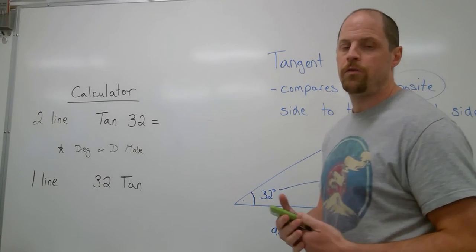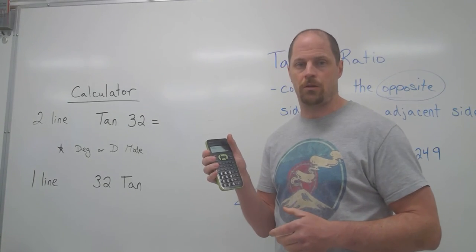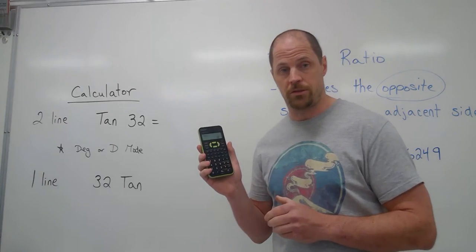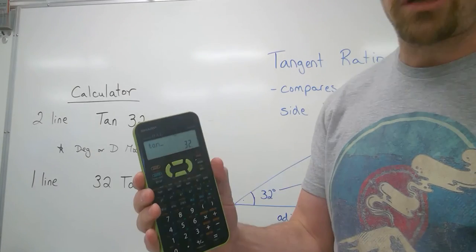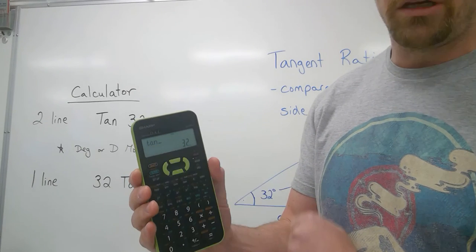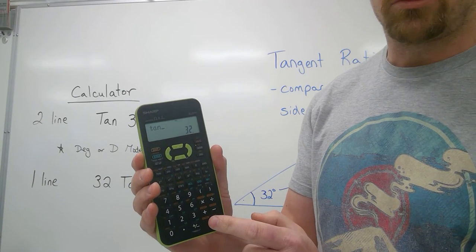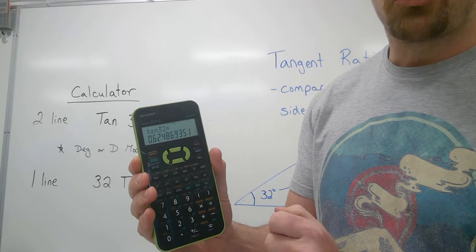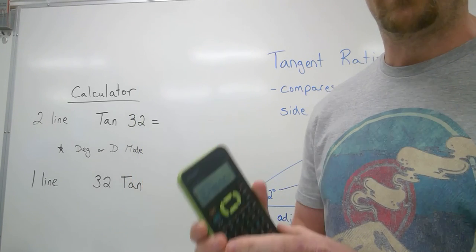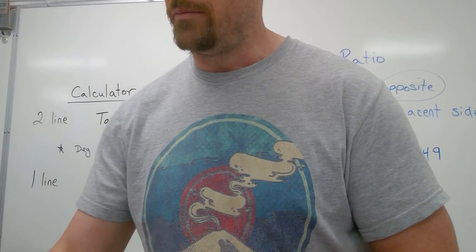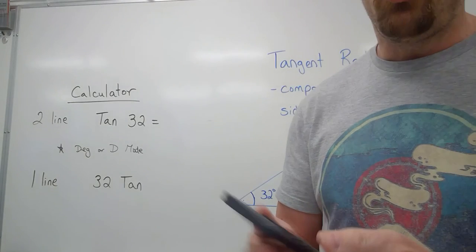Before we move on, I want to make sure you know how to use your calculator to find out these answers. So if you have a nicer 2-line calculator, you can see what you're typing. You just type in tan 32 and you have to press the equal sign to get the answer. And you should get the same answer that I've gotten. Now, if you have a 1-line calculator, you have to do it backwards.